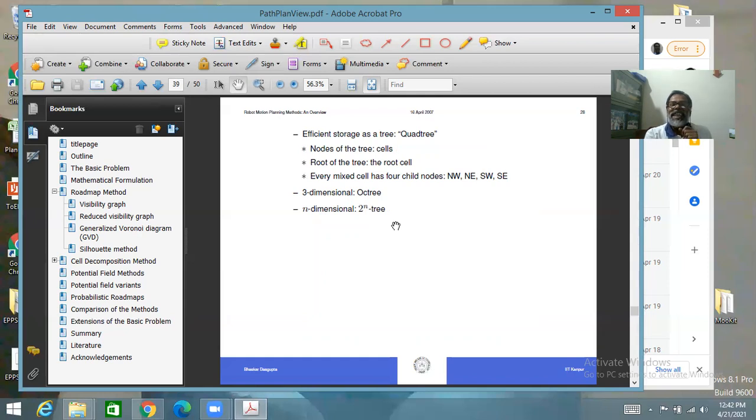You see, if you require a tolerance of say half millimeter, but in your decomposition, in your quadtree or octree decomposition, you have kept a tolerance of 2 millimeters only, then your cells are sometimes not small enough that would allow a path which would actually be possible.